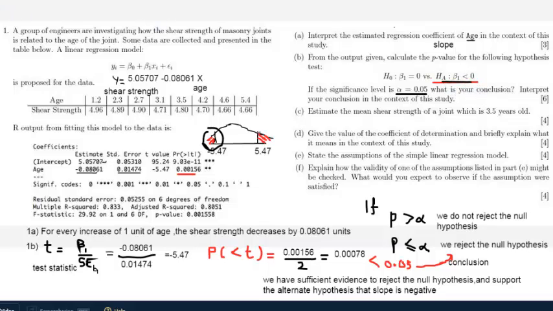This is our alternate hypothesis. So we would support the alternate hypothesis and reject the null hypothesis.